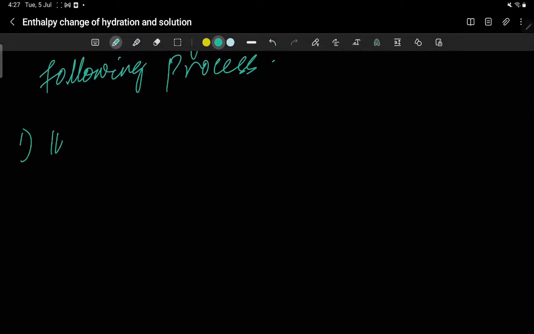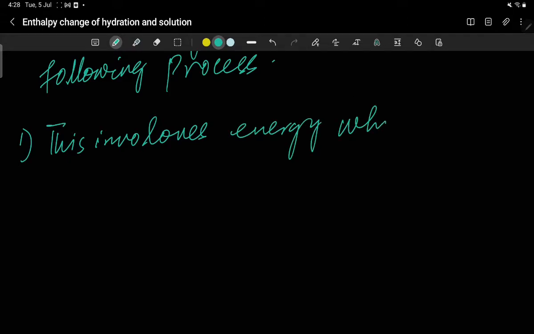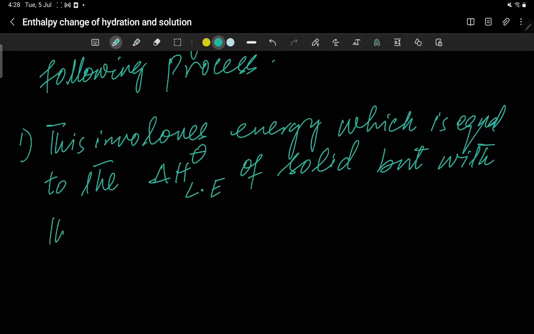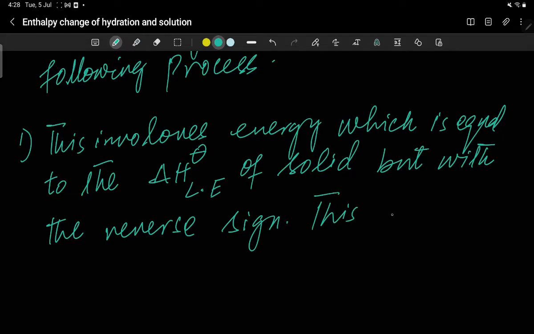Number one, this involves energy which is equal to the enthalpy change of lattice energy of the solid, but with the reverse sign. And this step is endothermic.